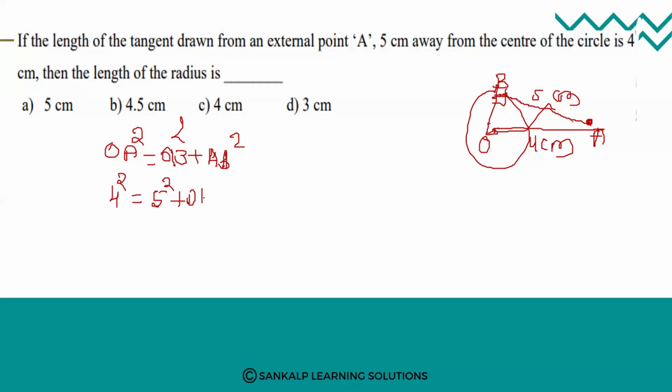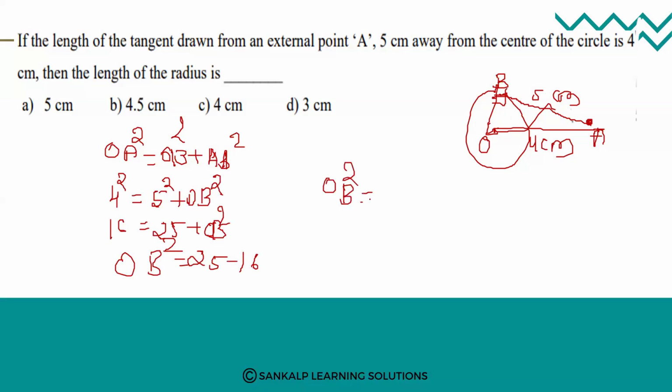Sorry, OB we don't know, AB is 5. Next, 16 is equal to 25 plus OB square. So OB square is equal to 25 minus 16, that is 9. OB is the square root of 9, that is OB is equal to 3 centimeters.